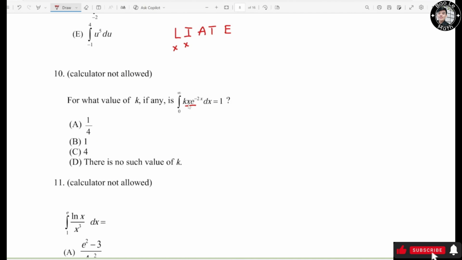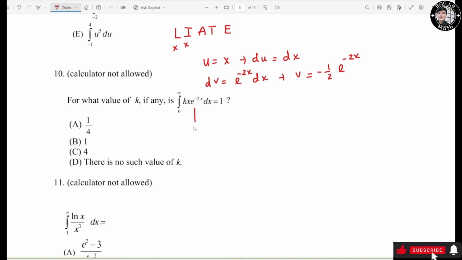But we have the algebraic term here, s. So let u equals s, then du equals ds. dv equals e to the negative 2s ds, and then v equals -1/2 e to the negative 2s.